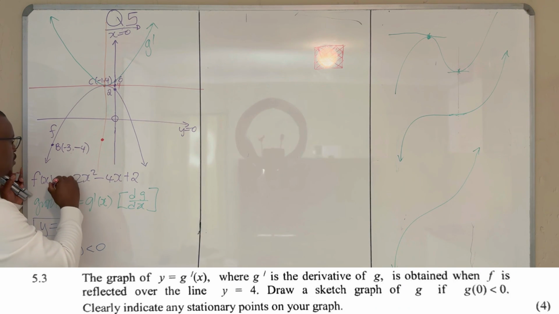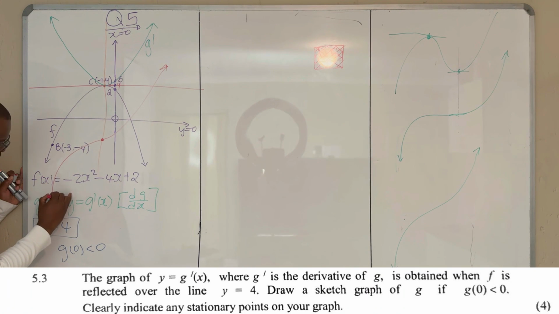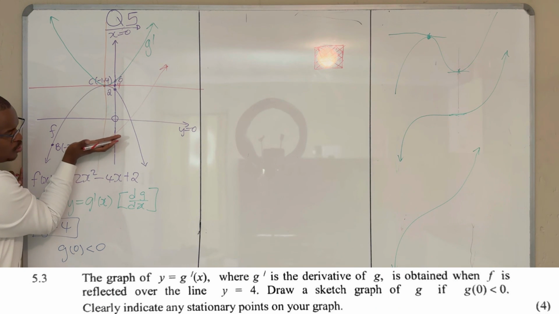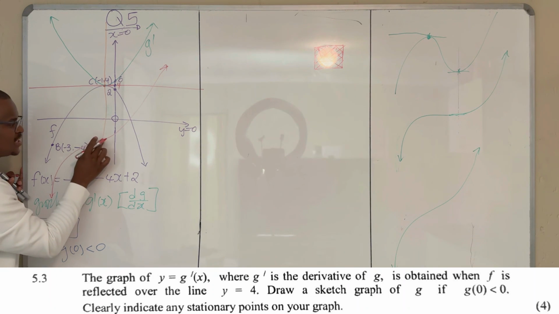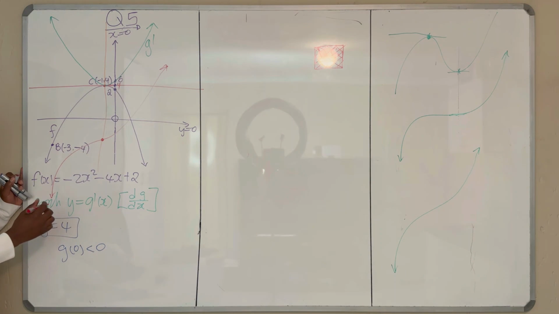I'll draw something like this. Because it's always increasing, right? Even here, it's not horizontal, it's still going up, but it changed from increasing at a decreasing rate to increasing at an increasing rate. That's how I'll draw it.